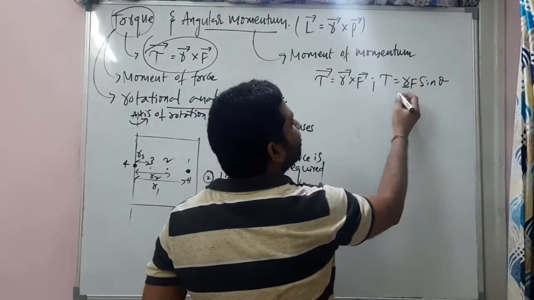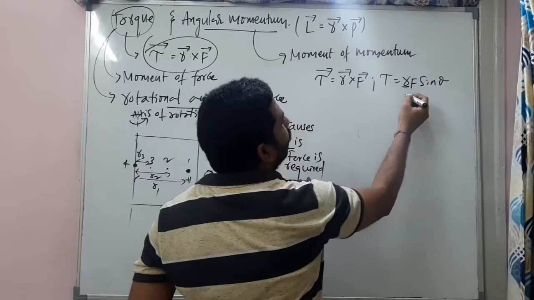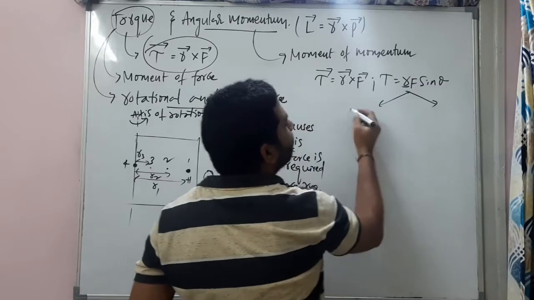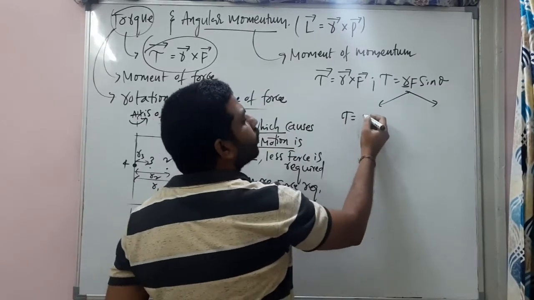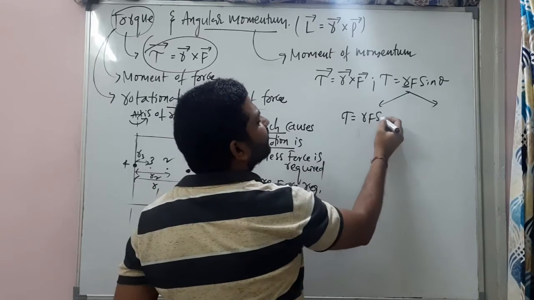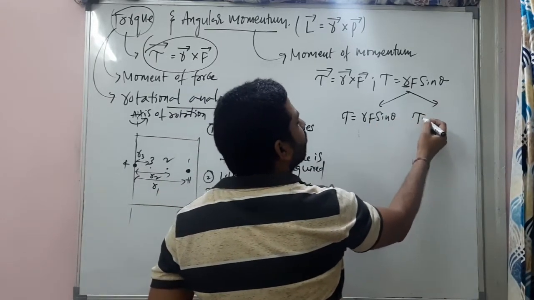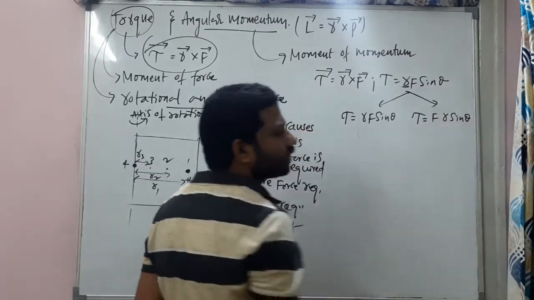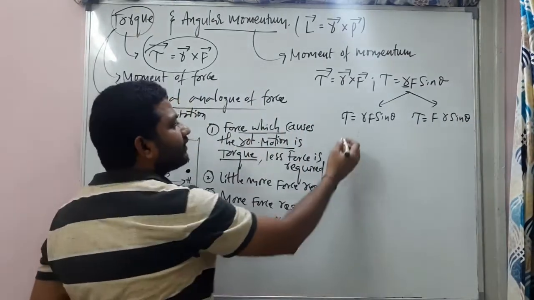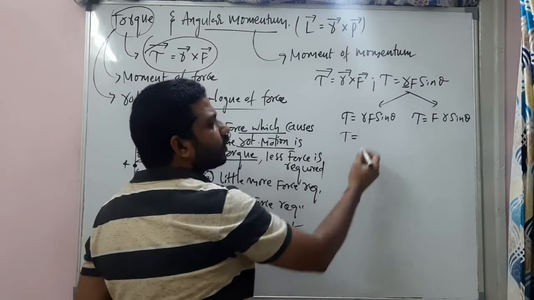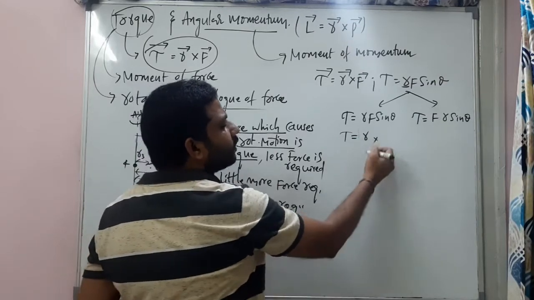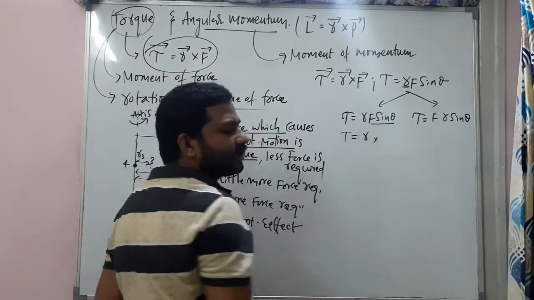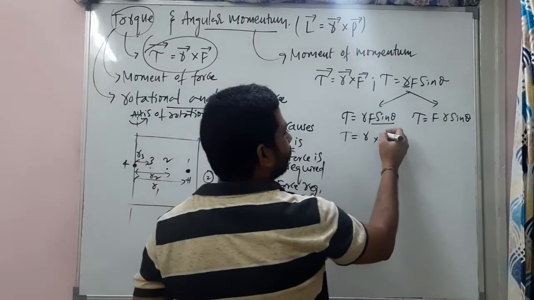Alright? This formula I can write in two ways. Torque is equal to R into F sine theta, or torque is equal to F into R sine theta. What is this? Torque tau is equal to R into F sine theta, that is the perpendicular force.